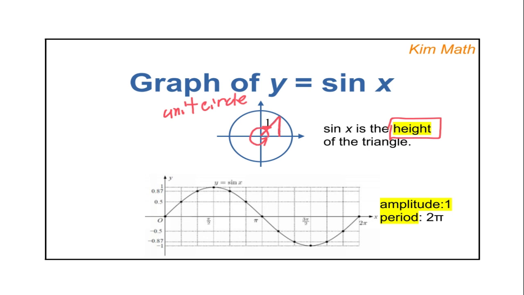Well, at first, let me draw an extreme situation. If your triangle is here, please note that the height of the triangle is a very, very tiny one, which means when your angle is very small, the height is very small. Okay?